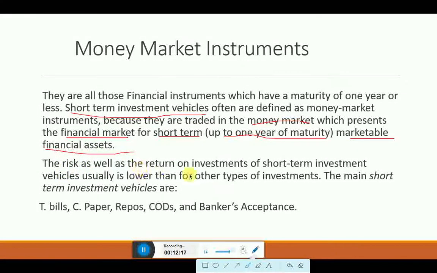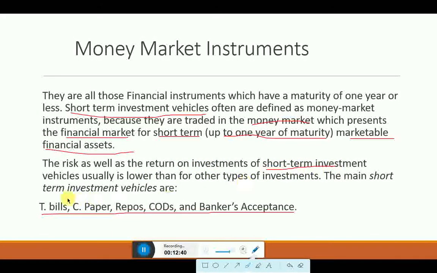The risk as well as the return on investment of the short-term financial vehicles or investment vehicles is usually lower than for other types of investments. The main short-term investment vehicles are the ones that we discussed previously. We have discussed previously as well that money market instruments are short-term.